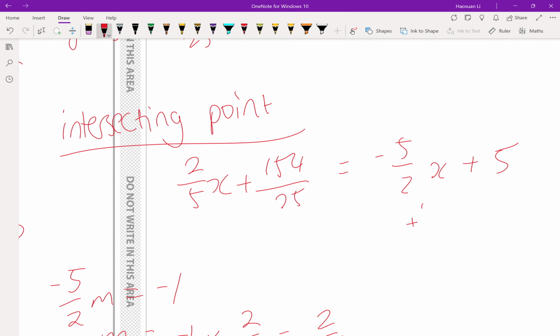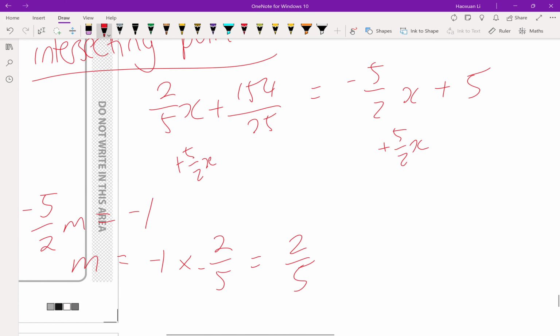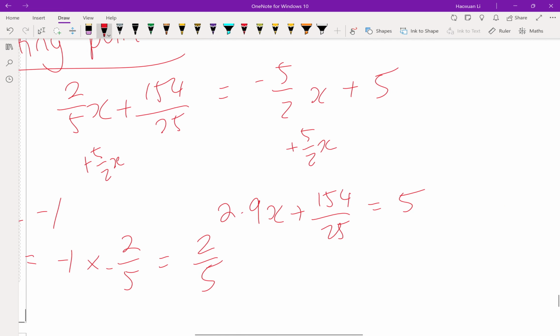So you would rather add 5 over 2x on both sides. So if you just use a calculator, because mine has a calculator paper, so the left side would be 2.9x plus 154 over 25 is equals to 5. So 5 minus this would give you negative 29 over 25 equals to 2.9x.